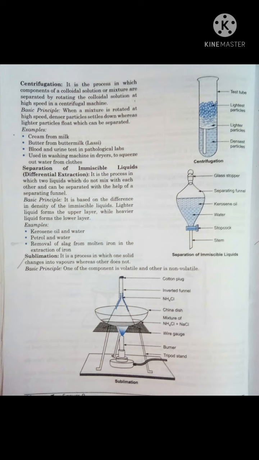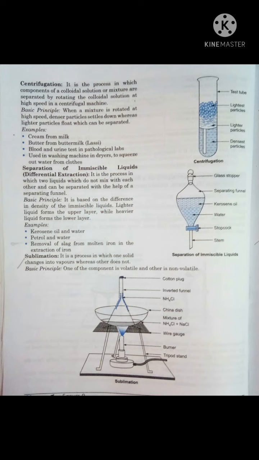When the burner is kept on, you see what happens. The process in which one solid changes into vapor: the solid directly changes into the vapor state. That is sublimation.